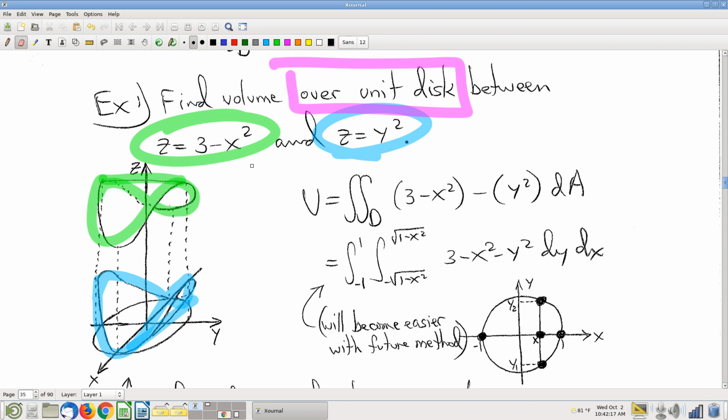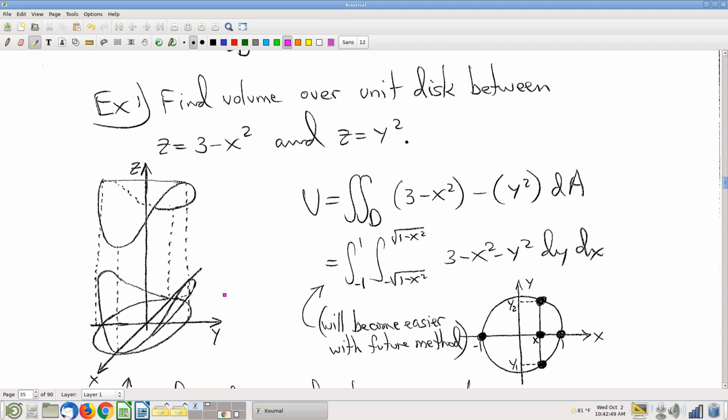Whereas, for similar reasons, this blue function is never more than 1. So the green is always greater than or equal to 2, and the blue is always less than or equal to 1. And so even without drawing a picture, I already know green is on top of blue. Everybody follow that reasoning? Because we know x and y are constrained in this way. Okay. All right.